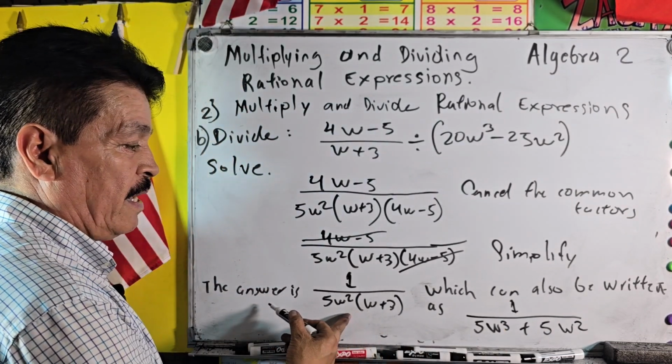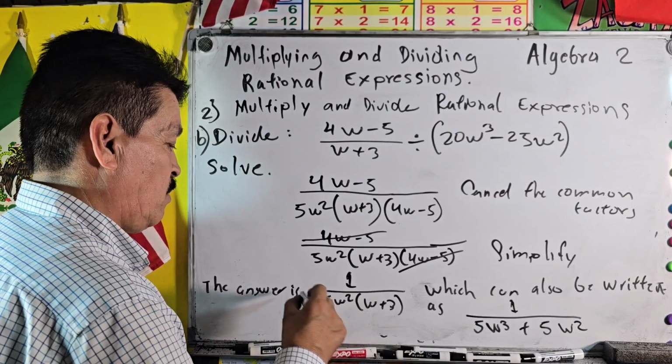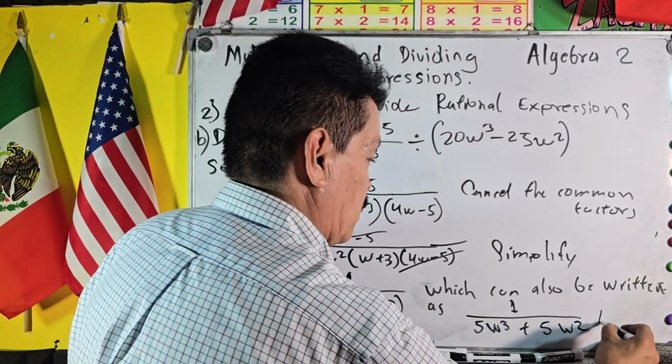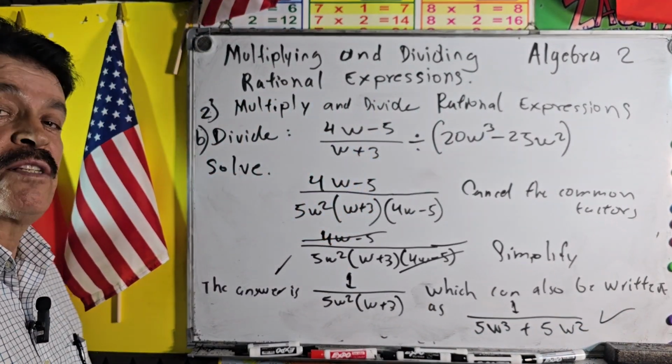This is one way to write the answer, and this is the other way. This one is correct, and this one is correct. There are 2 ways to write the answer.